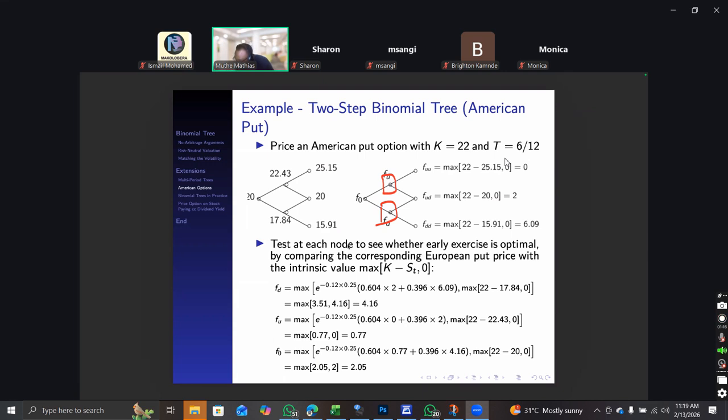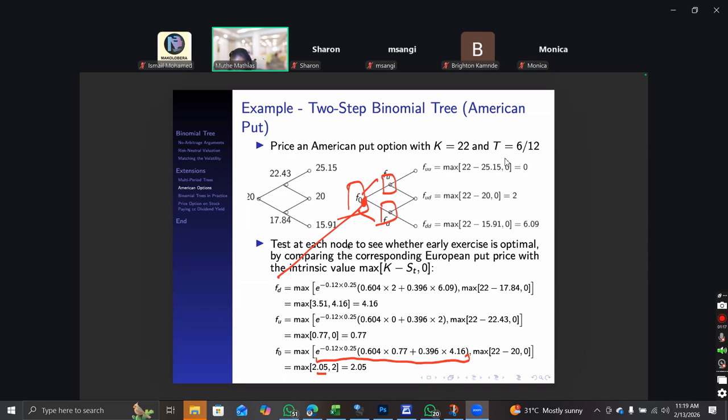Lakini bado is not the end. Hata ukifika hapa pia you have to check. I will check, okay, should I wait for 1 month or 1 year? Okay, should I wait, which is this option here? If you wait, you'll have this one here. You'll get 2.05. But if you exercise immediately, then manake hapa pia unaweza ukafanya exercise. Manake you have the difference here, which is K is 22.